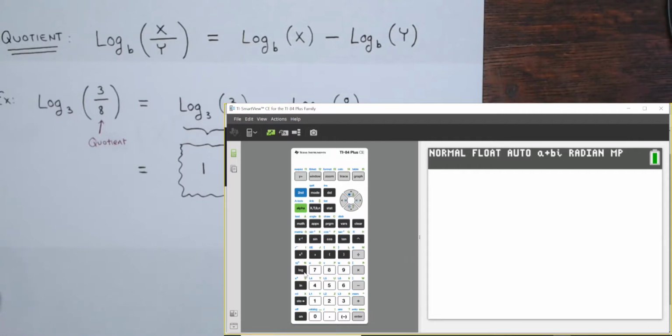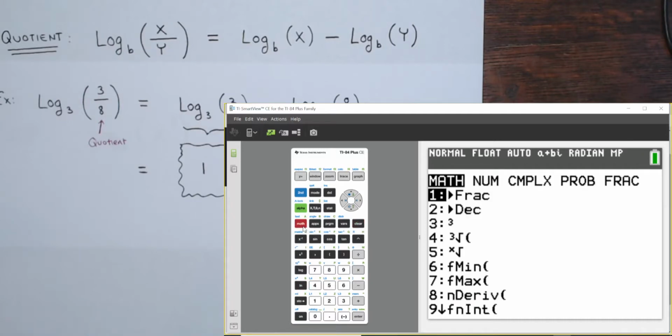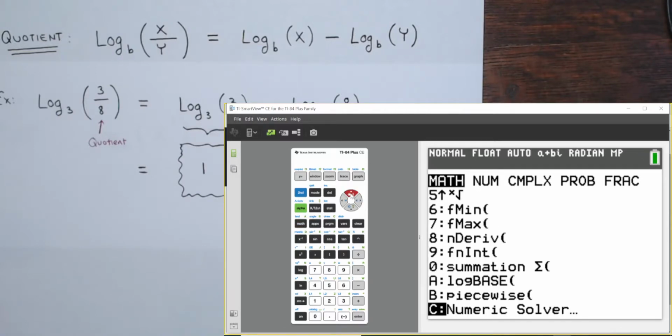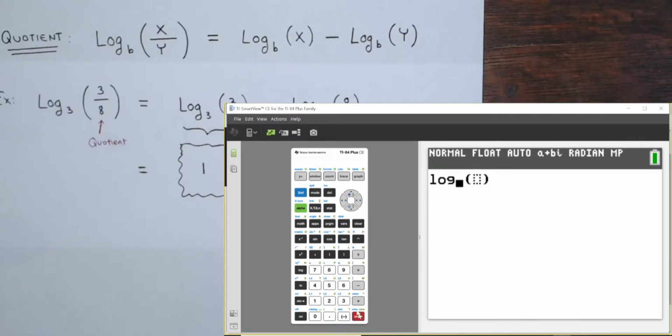Remember this LOG button is logarithm base 10. That's not log base 3, so let's clear that. And this LN button is log base e, the natural log. So if I want to put in the log base 3, I have to go into the math button, and down the math menu to A where it says logBASE, and then I enter base 3.